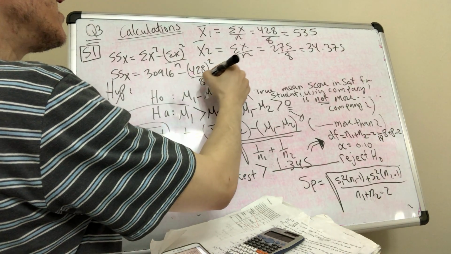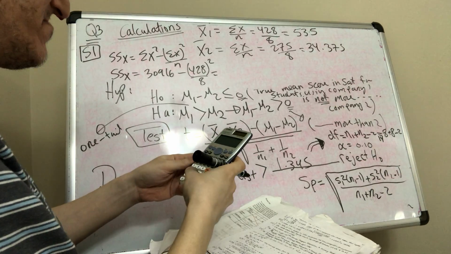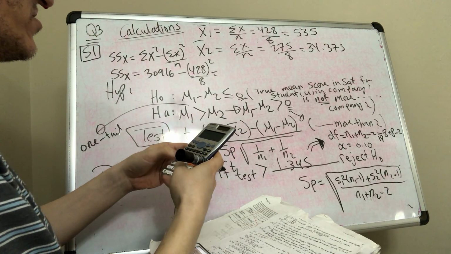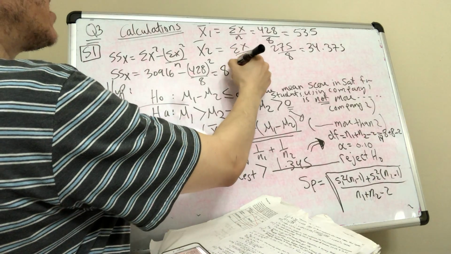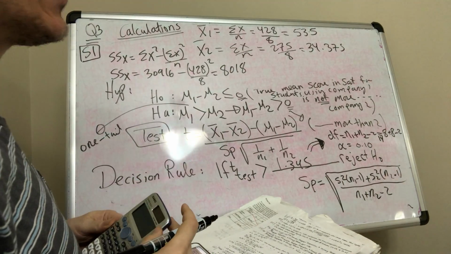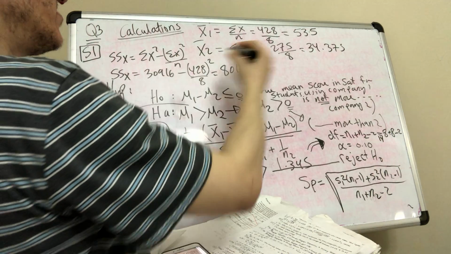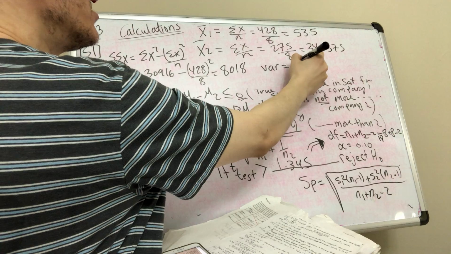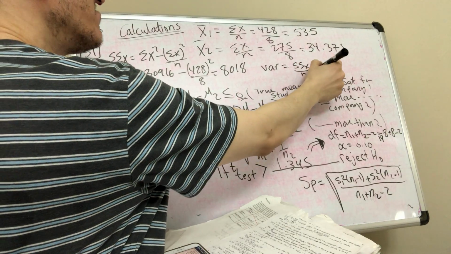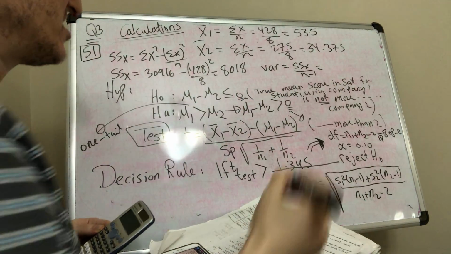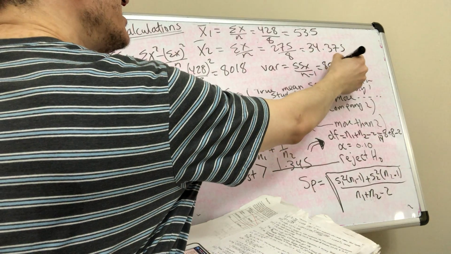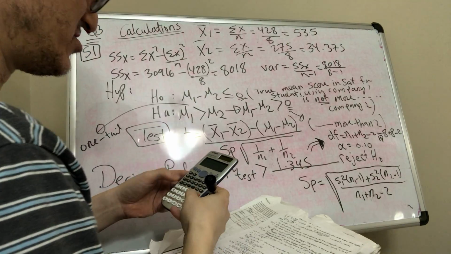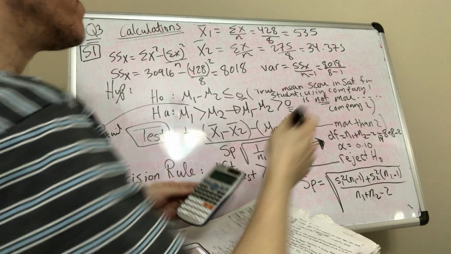You square this, divide by 8. 30916 minus 428 squared over 8 gives you 8018. From this, you figure out the variance, which is you just take this divided by n minus 1. So you take the 8018 and you divide it by 8 minus 1. So you divide it by 7 basically.